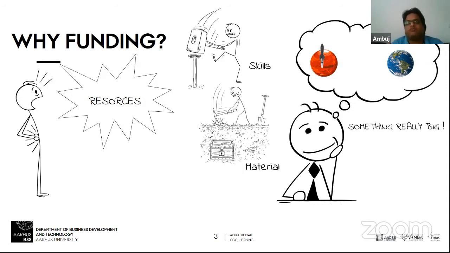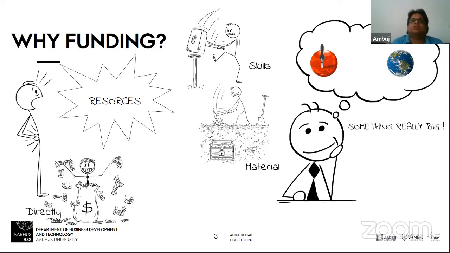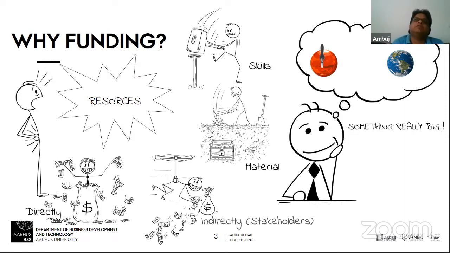These things don't come for free. You need funding for such things. The funding can be in two forms. One is direct funding that you can seek from the various funding agencies, or you can get it as a letter of support from the various stakeholders.